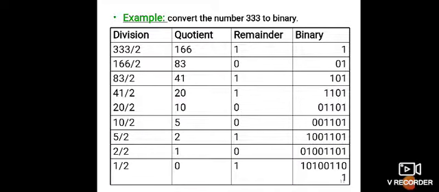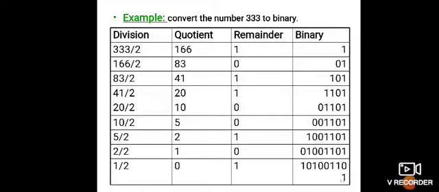For example, if I wish to convert the number 333 to binary, then I divide 333 by 2 until the quotient comes to 0. So at the first step, we divide 333 by 2, then the quotient will be 166 and the remainder will be 1, and this is the binary digit we have to note down in the binary representation.